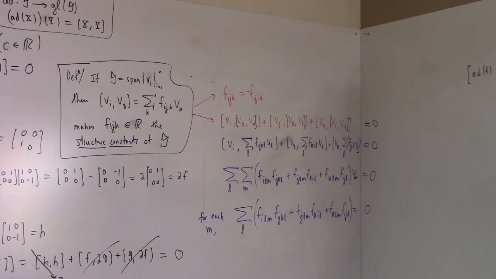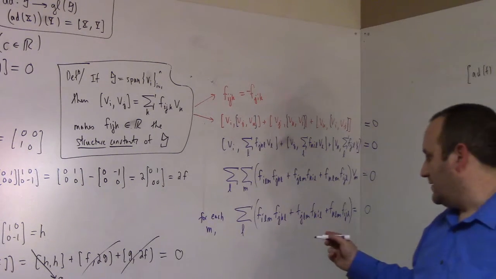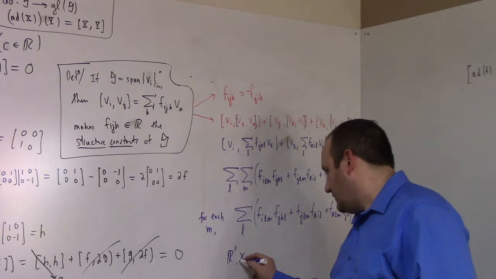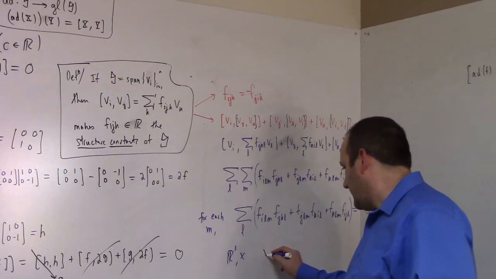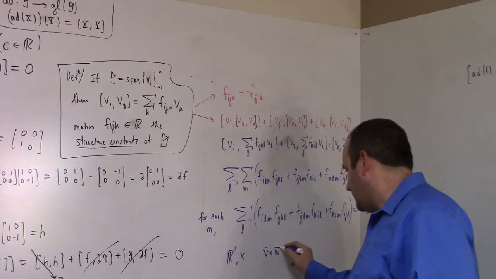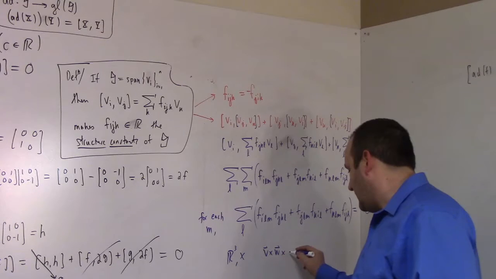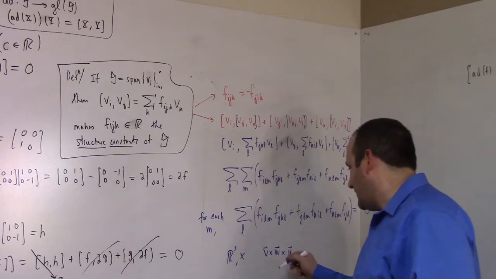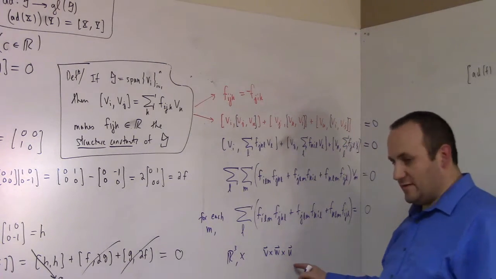Do you guys know any other examples of algebras that are common to your experience? R3 with the cross product. Very good. Yeah, that's the one I was thinking of. The cross product is not associative. So if you have V cross W cross, out of letters, U, this doesn't make sense.